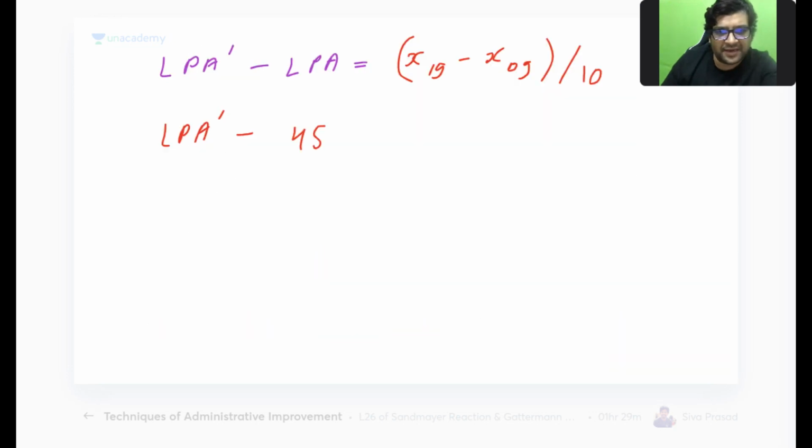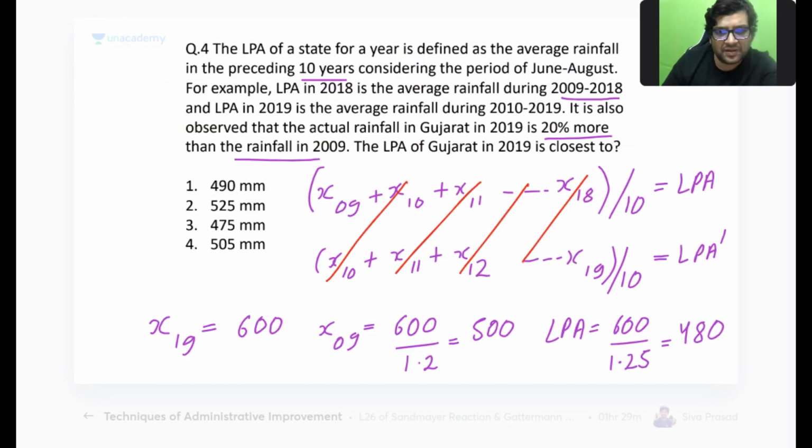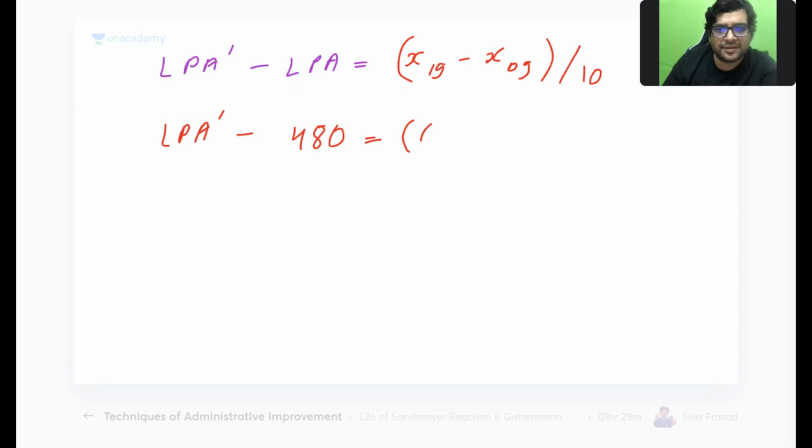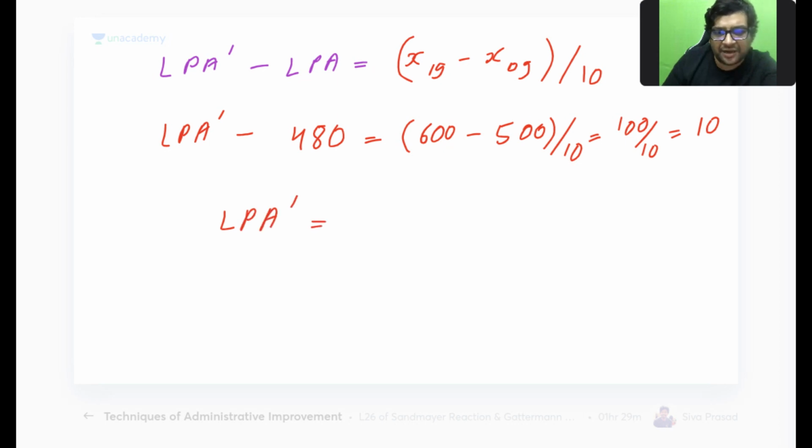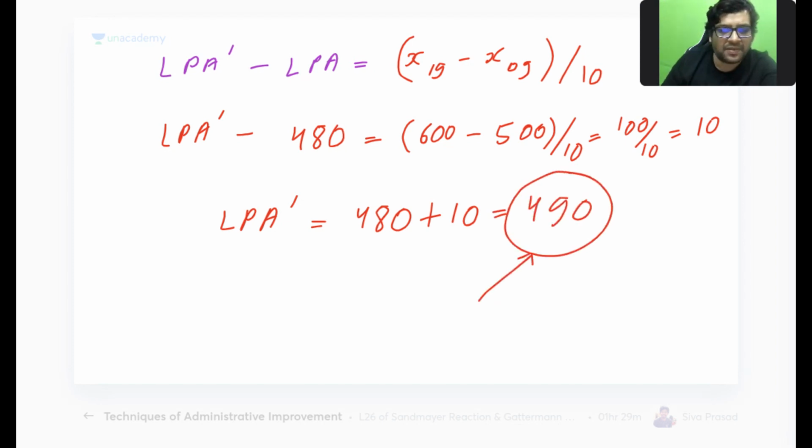LPA is 480, 19 is 600 minus 500 by 10, which is 100 by 10, which is indeed 10. So my long-term average till 2019, which I was trying to find out, is 480 plus 10 or 490.